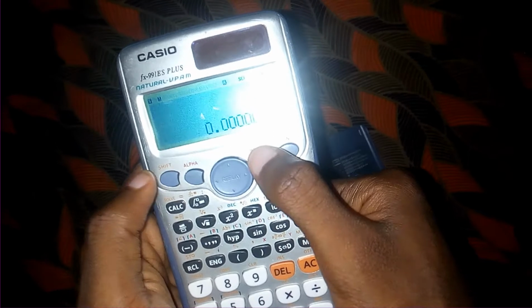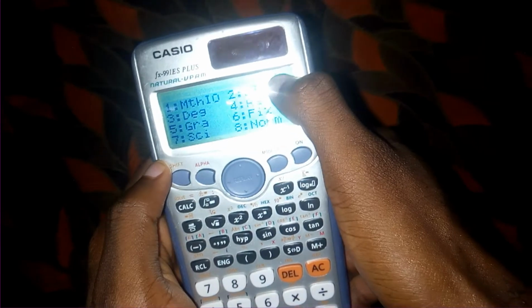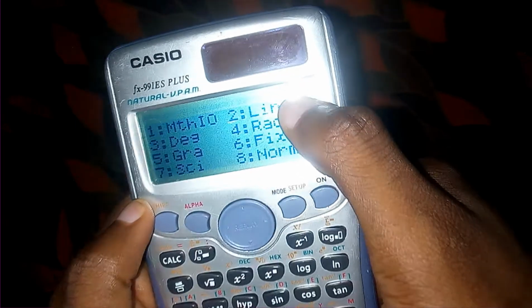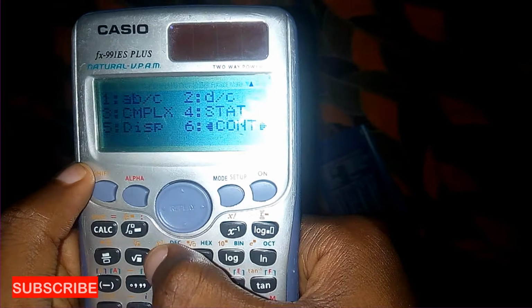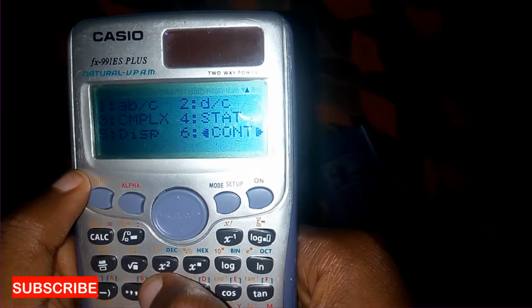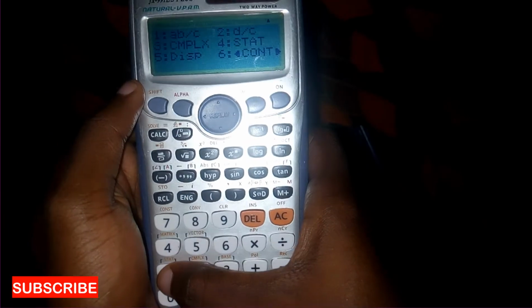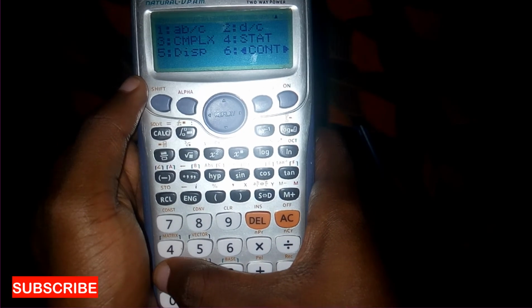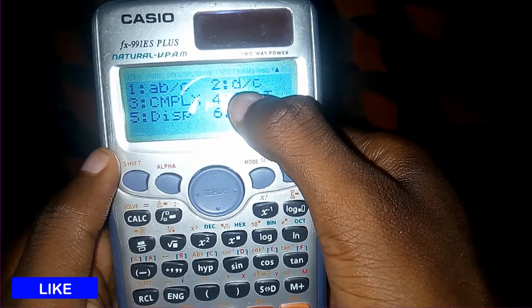Another thing about the setup, you have this arrow here pointing down. If I press it down, you see the setup has changed. If I want my answer to always be in a mixed fraction, that is 1, I'll press it. If I want it to always be in proper or improper fraction, I'll press 2.